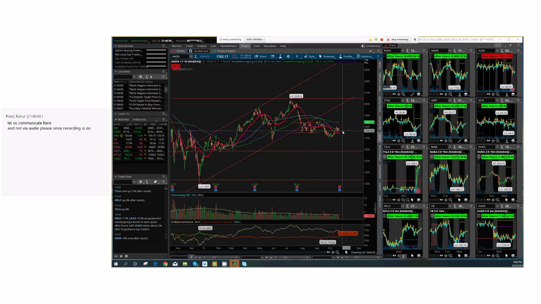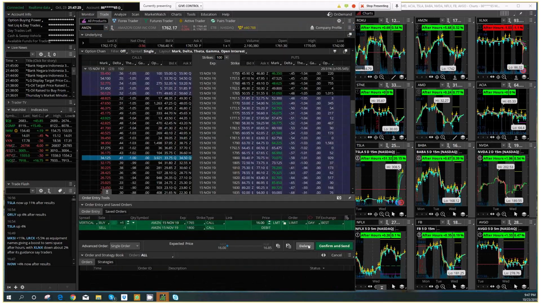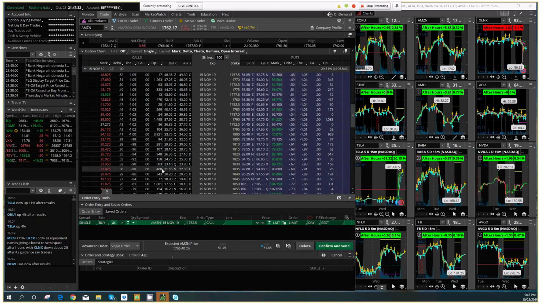I don't want to buy a call from here to unlimited because, under normal circumstances, aside from earnings, this thing can shoot up a couple hundred points on earnings, and that's fine, but I'm speaking generally. I will look for resistance points to find my upper strike. So here, I might pick a 1762, and I might pick a 1835 as my target.